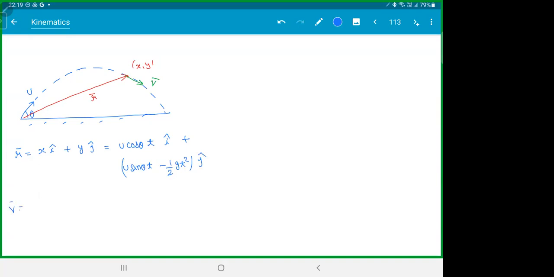The velocity vector v bar would be vx i cap plus vy j cap, which would be u cos theta i cap plus u sin theta minus gt j cap.